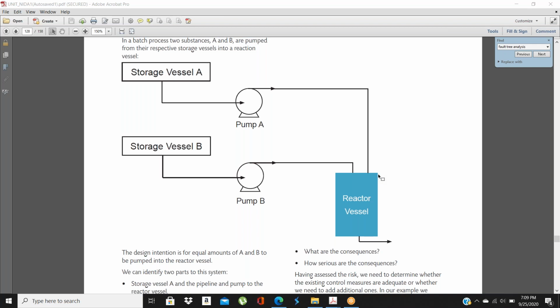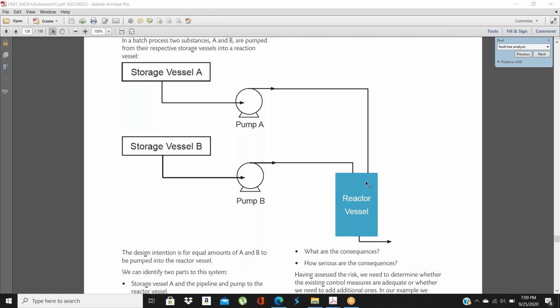I'm just showing it to make it simple. We need to install an automatic level gauge which shows the level, so it will show us the level as it reaches its design level.